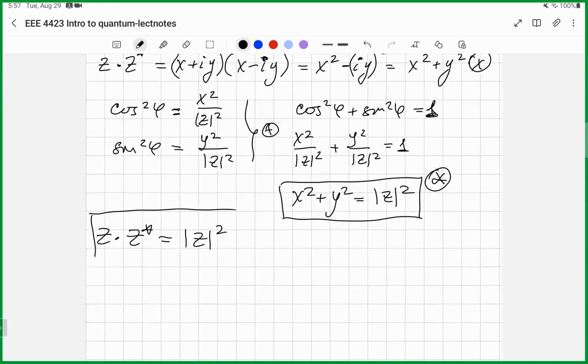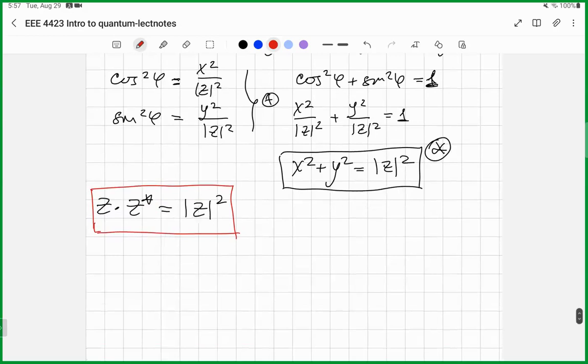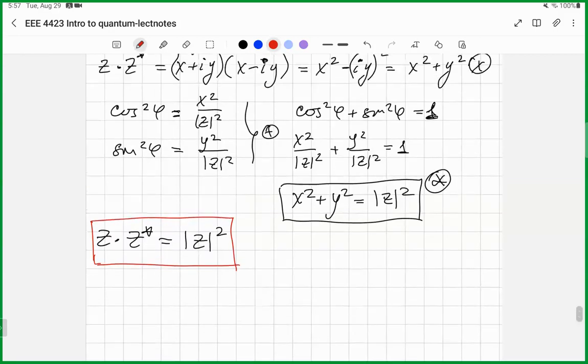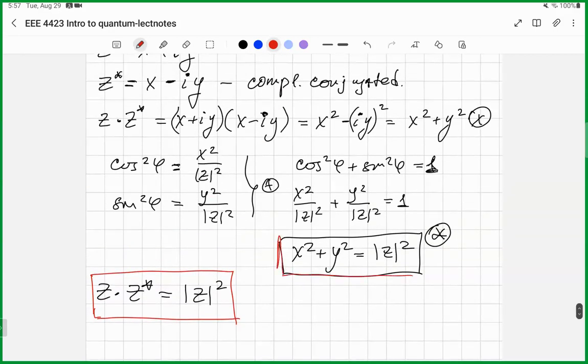So the product, let me actually frame this in red, the product of a complex number and the complex conjugated number of the same number gives the absolute value squared of the complex number. And according to this formula, the absolute value squared of a complex number is a real number. x squared plus y squared, of course, is real.